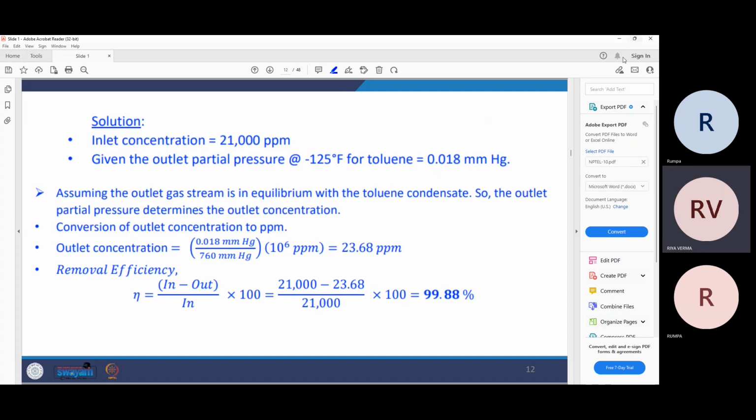So we have the inlet concentration as 21,000 ppm and outlet partial pressure at minus 125 degree Fahrenheit as 0.018 mm of Hg.